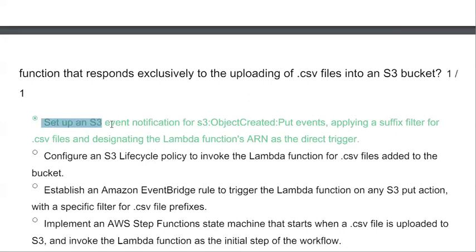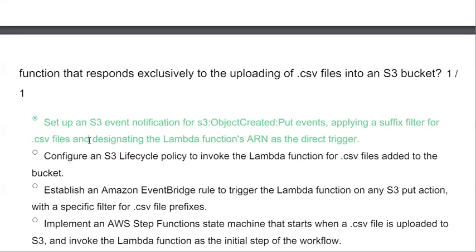The first option is to set up an event notification. So whenever an object is uploaded into S3, we are setting an event notification, that is a put event, and applying a suffix filter for finding whether the file is CSV or not.